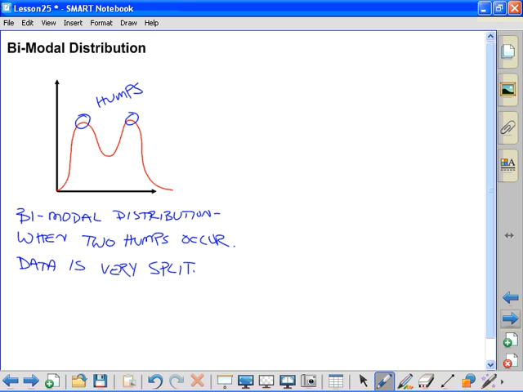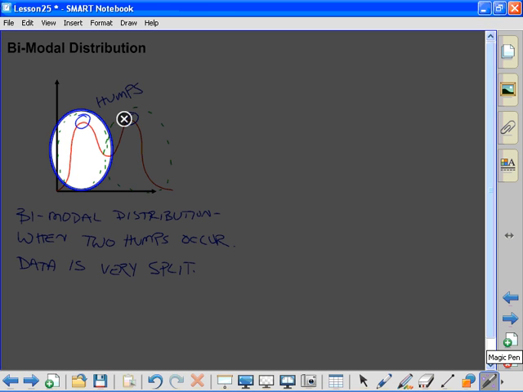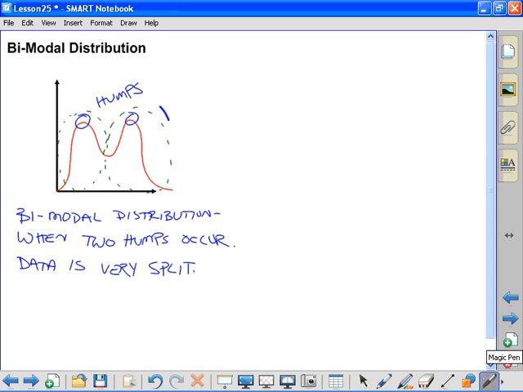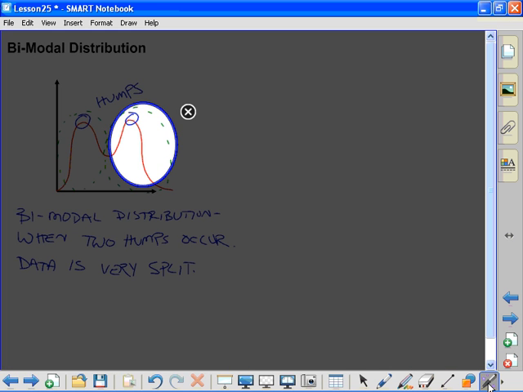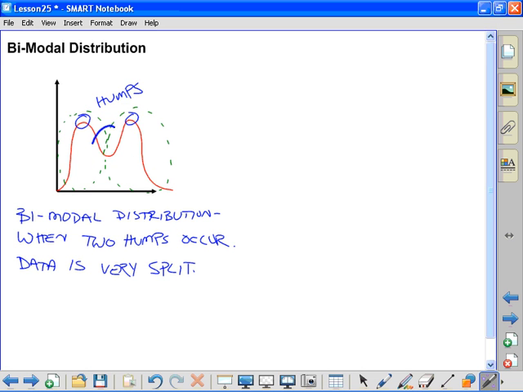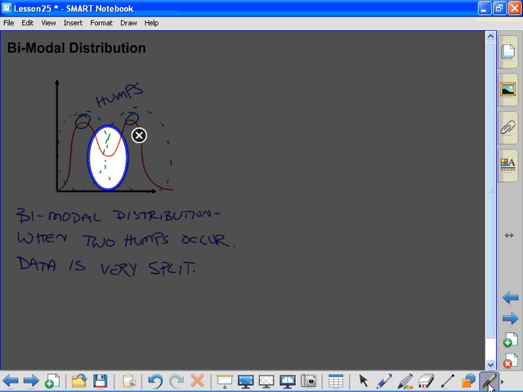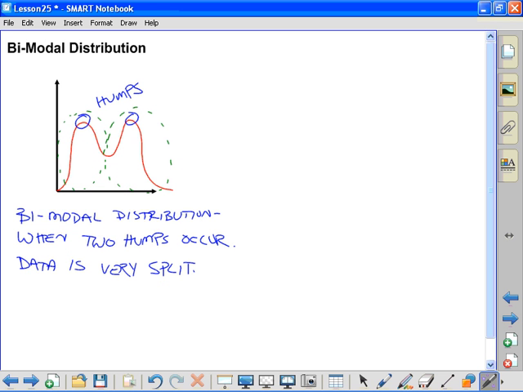So really what you end up with is essentially two groups of people. If you want to talk about it in terms of a class, you have one portion of the class that has absolutely no idea what's going on, and then you have the other half of the class that knows exactly what's going on, and there's really no one in the middle. And that's where you get with those distributions back here.